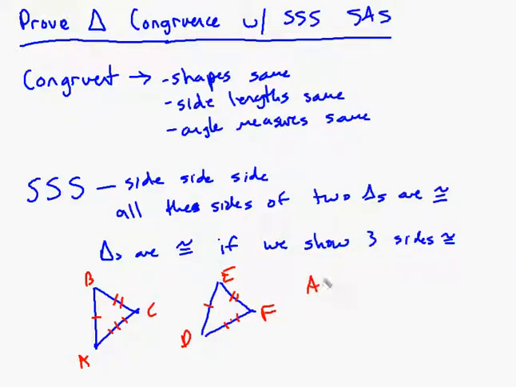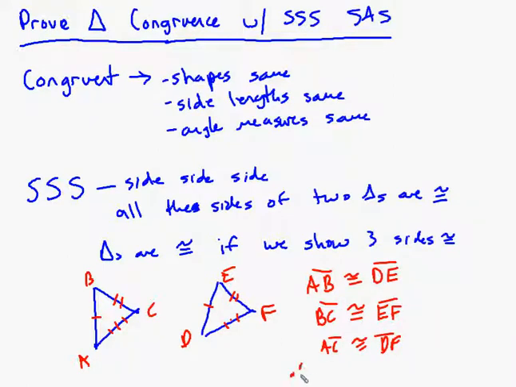So I would need to show that AB is congruent to DE, and I need to show that BC is congruent to EF, and I need to show that AC is congruent to DF. If I show that, I can therefore conclude triangle ABC is congruent to triangle DEF, or whatever the letters happen to be.